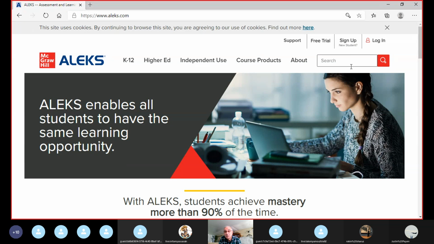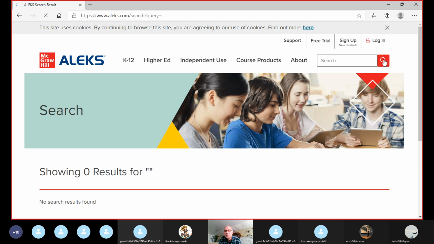I have an account, so I click and log in. Let me open Google Chrome so I can see better, but it's the same.